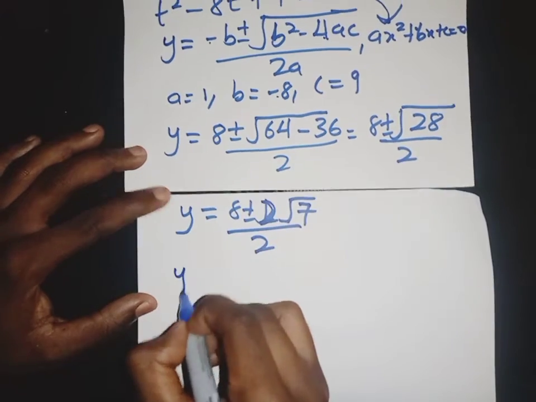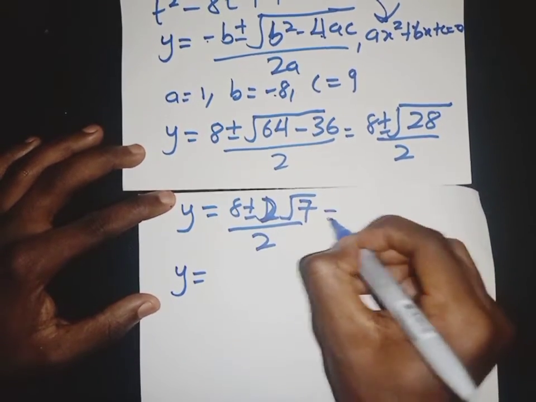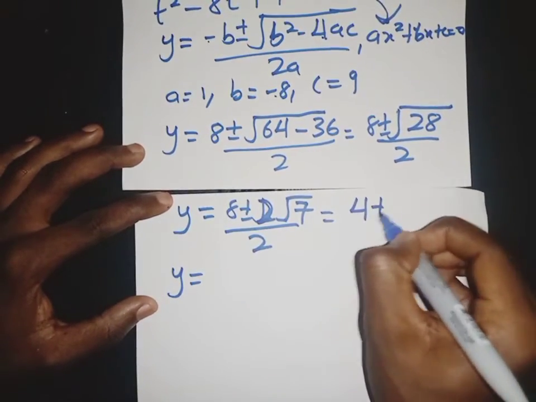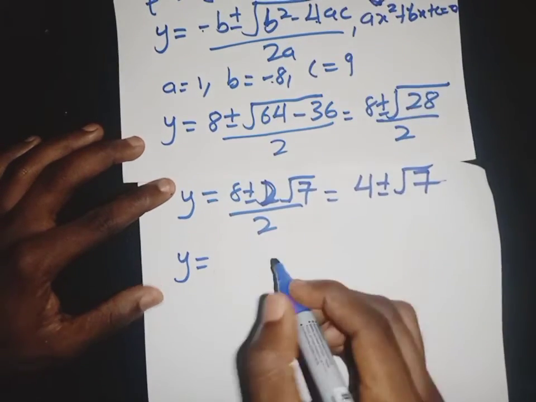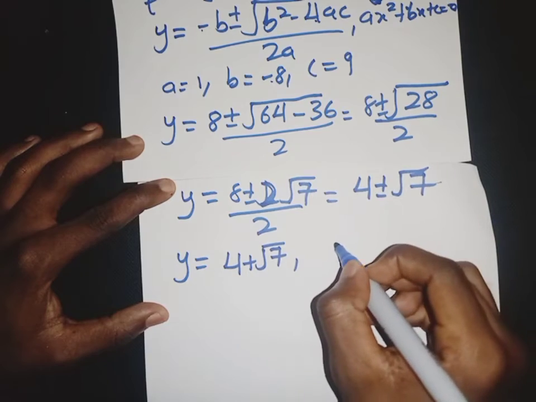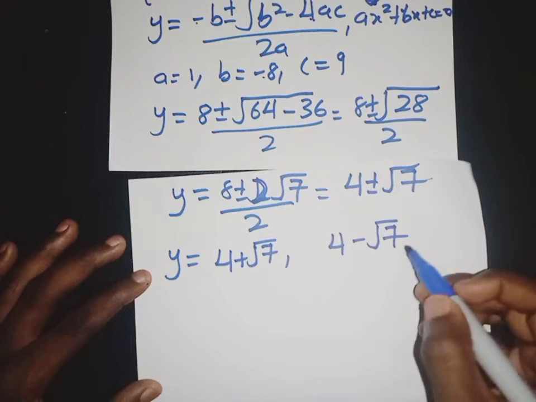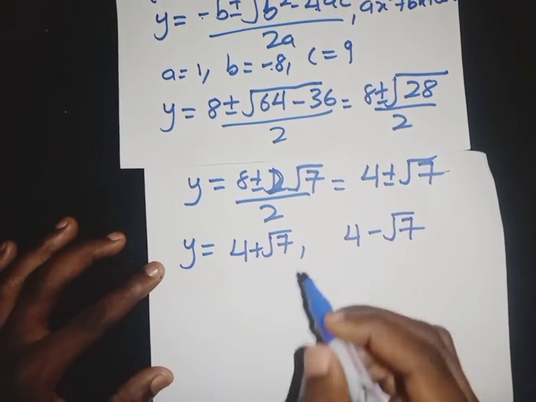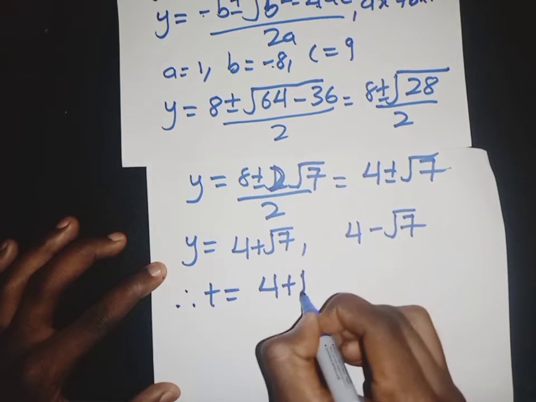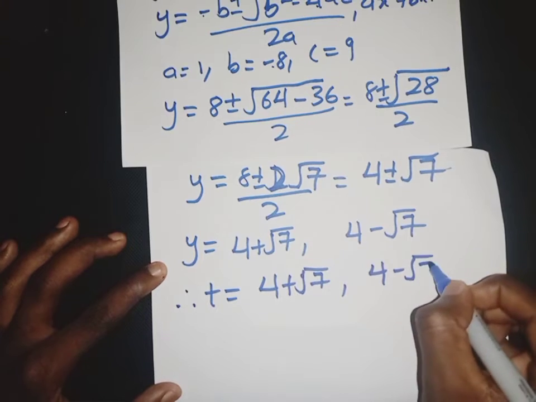Dividing each term by 2, we get 4 plus or minus the square root of 7. So the possible values of t are 4 plus root 7 and 4 minus root 7.